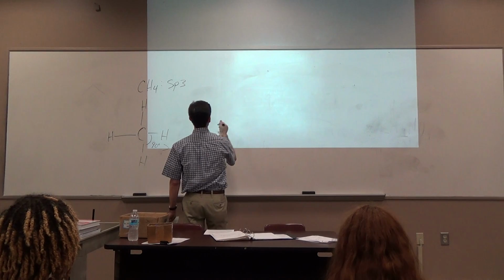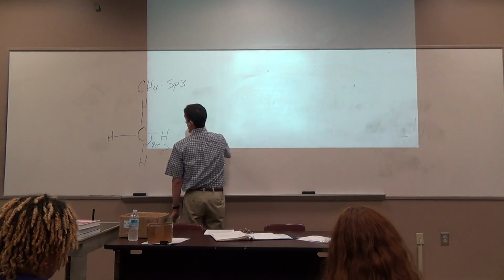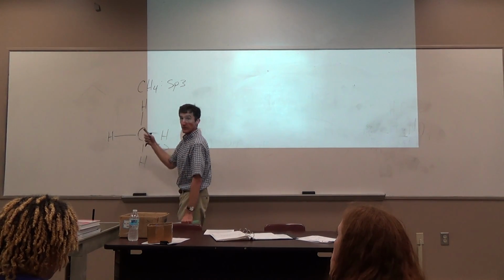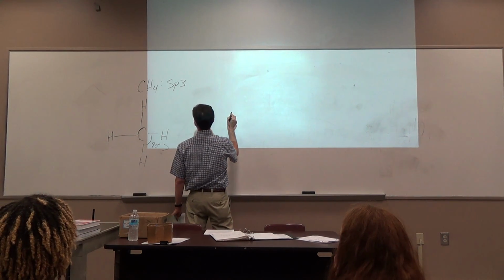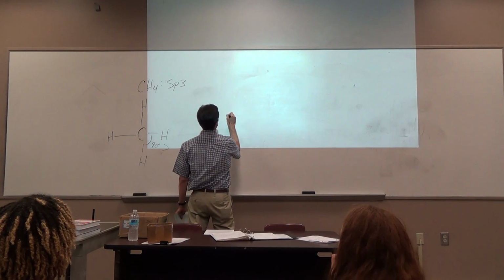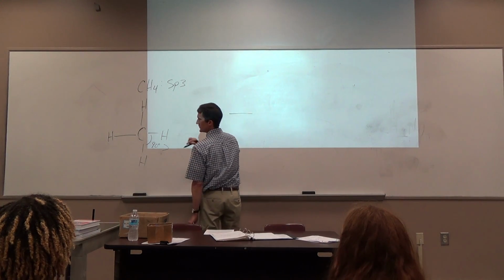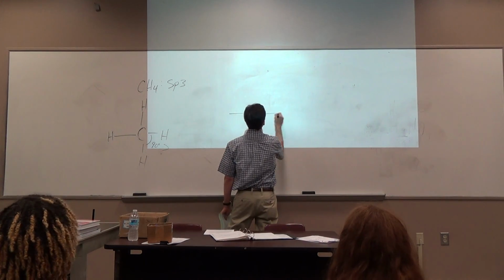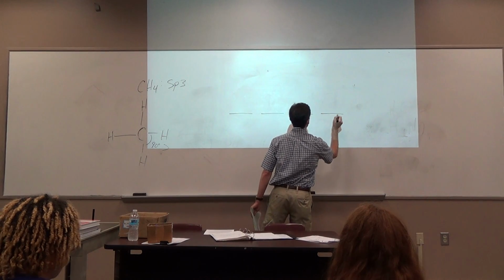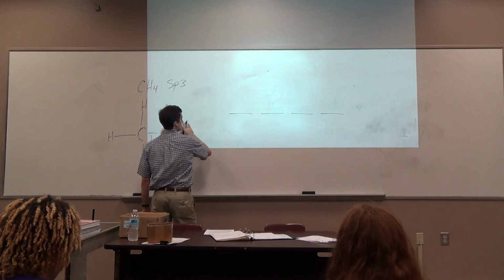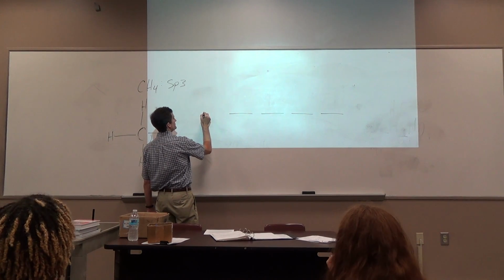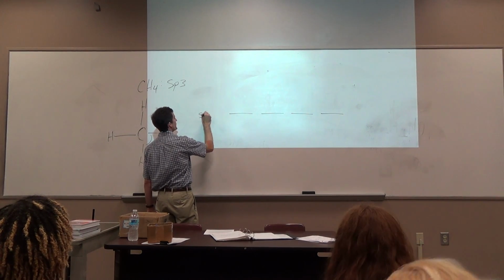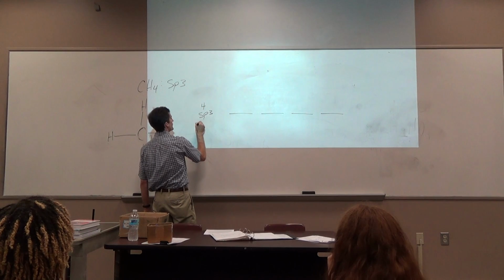Ultimately, we're going to come over here. To make 4 identical bonds, we need 4 identical orbitals. So let's show that. 4 identical orbitals. We're going to call these sp3, 4 sp3 orbitals.